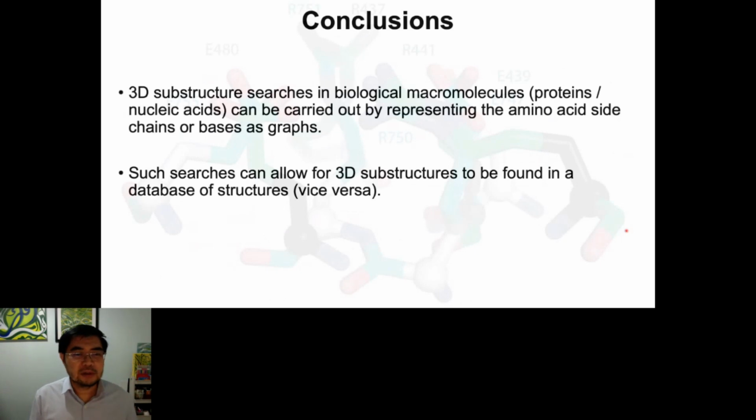Just to conclude, the 3D substructure searches in biological macromolecules can be carried out by representing the amino acid side chains or bases as graphs, and we have demonstrated that to be quite useful. And such searches can allow for 3D substructures to be found in a database of structures or vice versa.